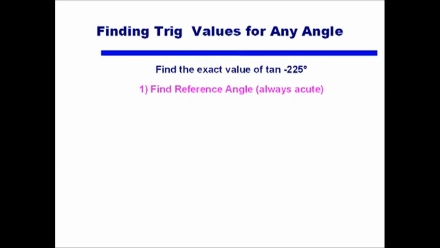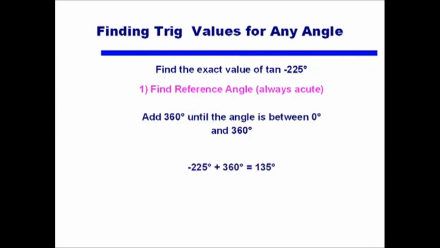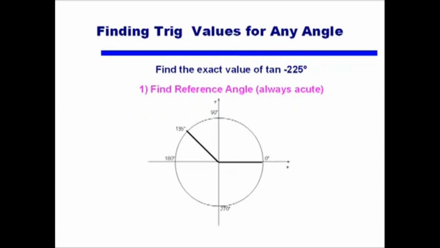Again, we have to first find that reference angle, but if we recall from a previous lecture, what we'll do with negative angles is add complete rotations, that is, add 360 degrees, until we have an angle that's between 0 and 360. If we do that to negative 225, we add one complete rotation, and we're already within 0 and 360 degrees, with an answer of 135 degrees.